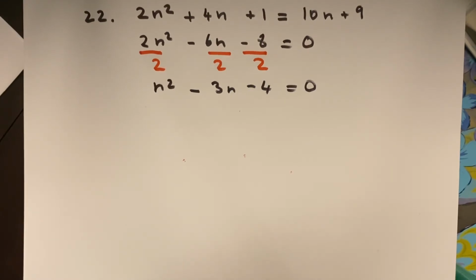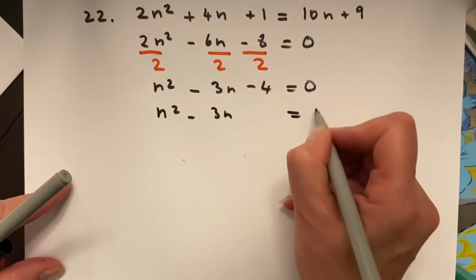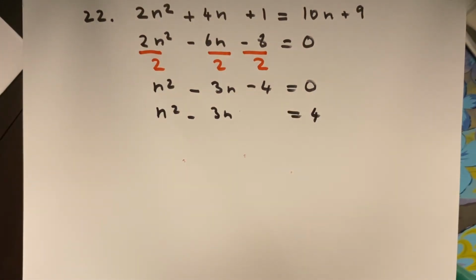I'm going to set this up this way. And I'm ready now to find my C value.